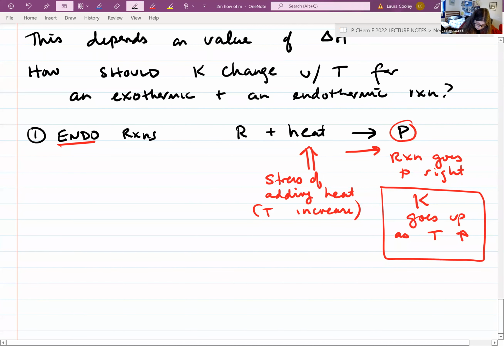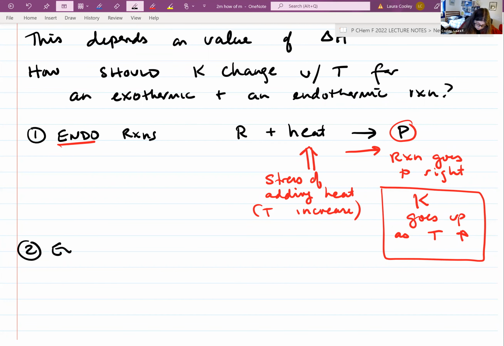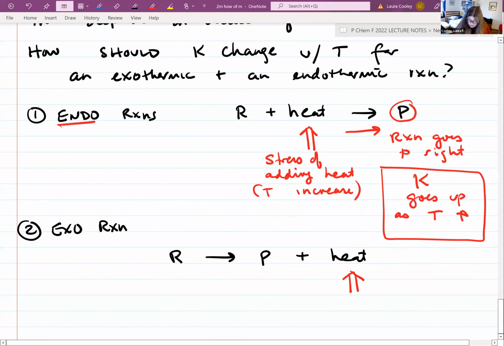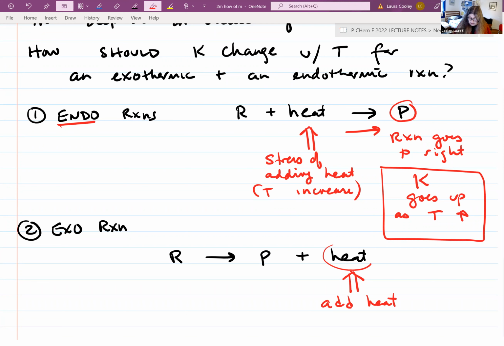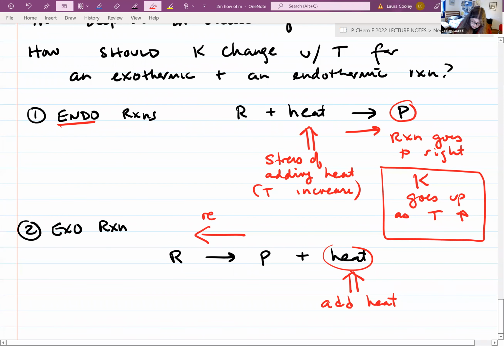The opposite is true for an exothermic reaction. In an exothermic reaction, the heat is on the product side because heat is released. So the reaction goes to products plus heat. So now if you increase the temperature, you add heat, it's like adding a product, and the reaction goes in the reverse direction.